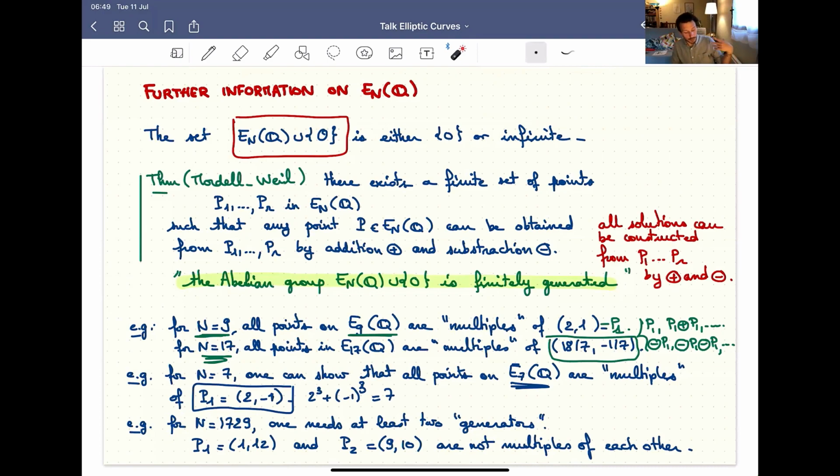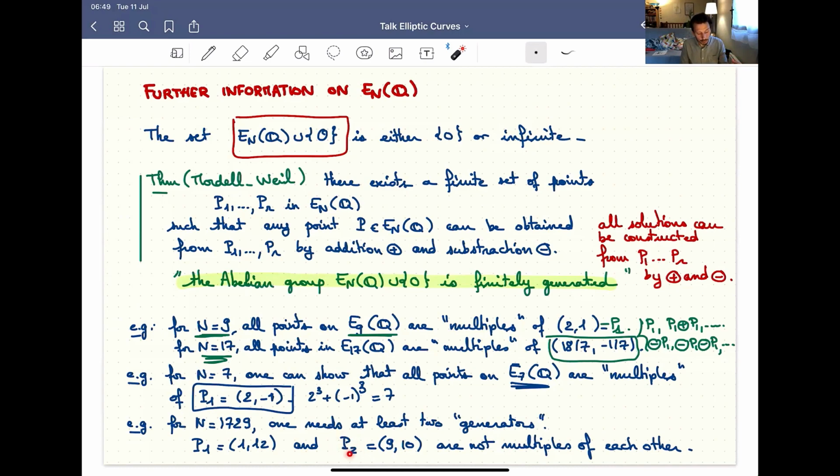But it is not in general true that you only need one solution to create them all. And this is a case that I mentioned earlier in the talk. When n equals 1729, you need at least 2 solutions, 2 generators, because the solution P1 with coordinates 1 and 12, and the solution P2 with coordinates 9 and 10, well, you cannot write P1 as P2 plus P2 plus P2 a certain number of times.